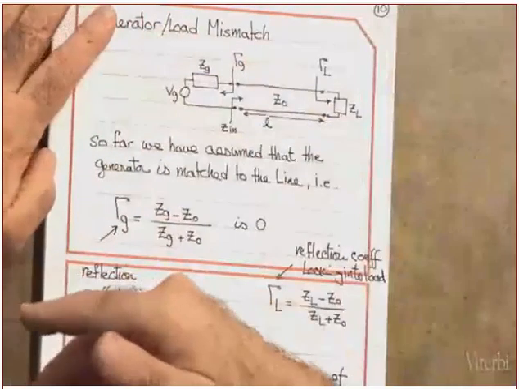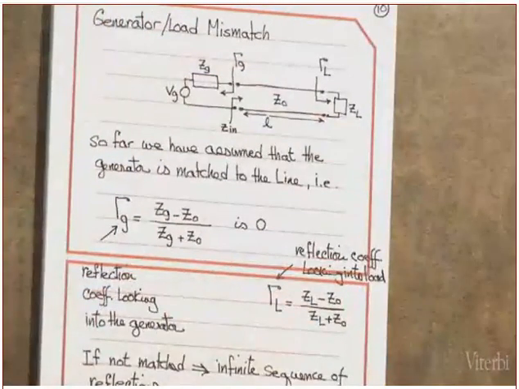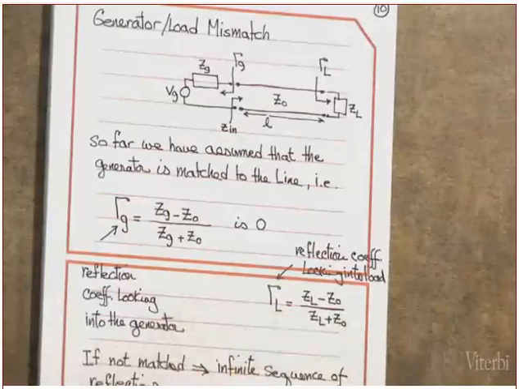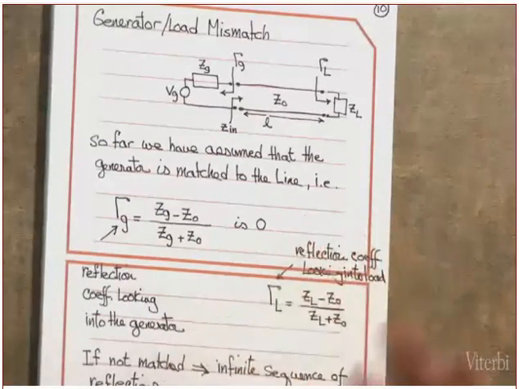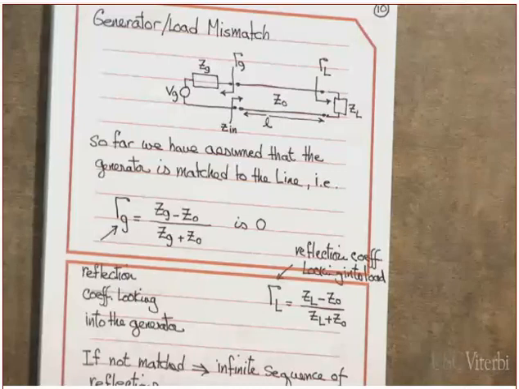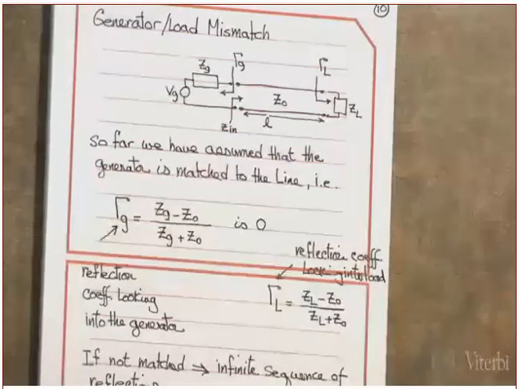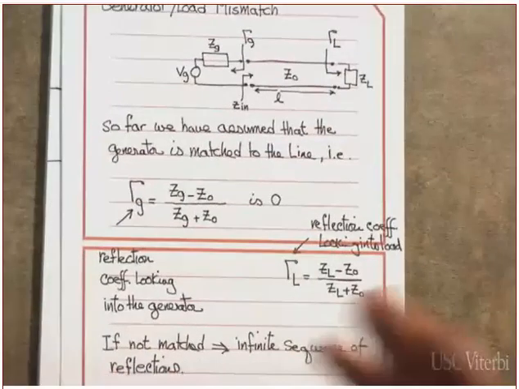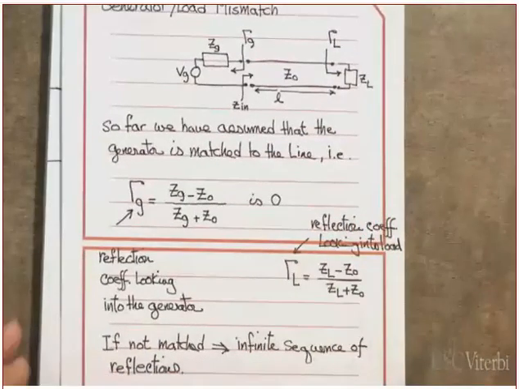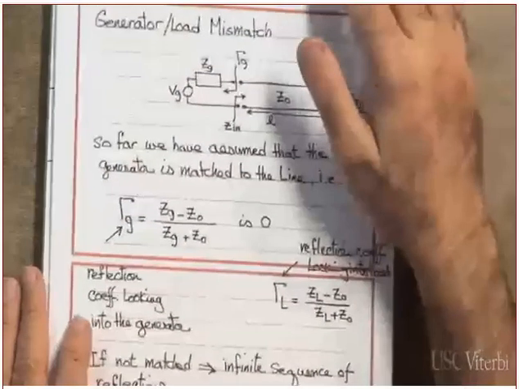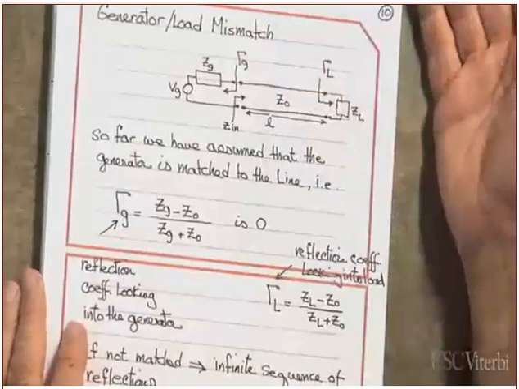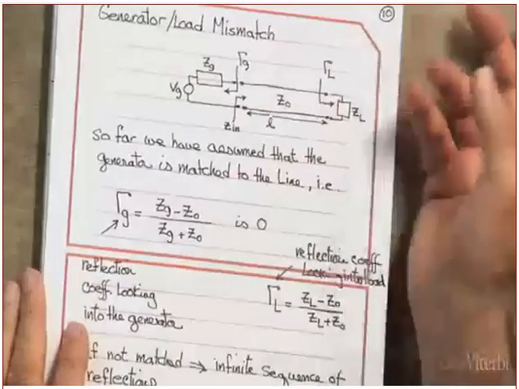How many times? An infinite number of times. You need to look at the steady state situation. In the steady state, I have just one transmitted wave and one reflected wave. Steady state means you take the aggregation of all of these reflections. Clear?